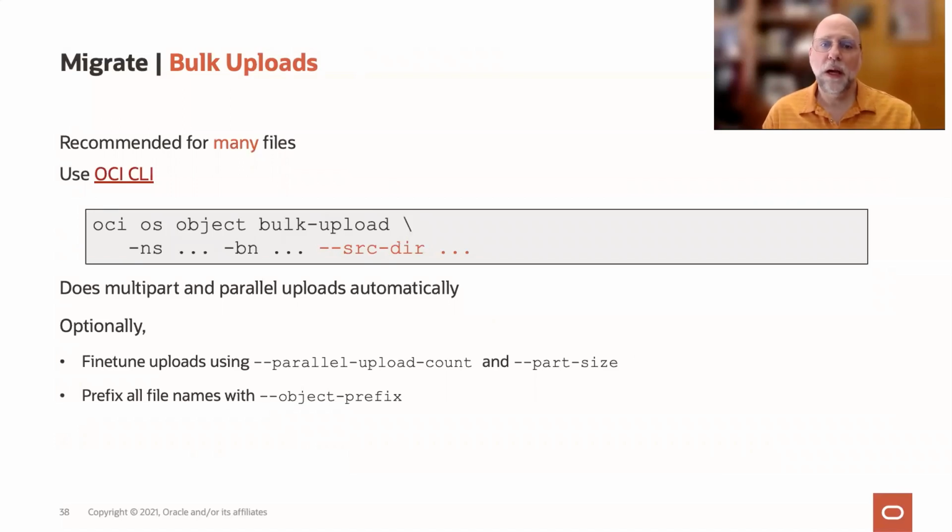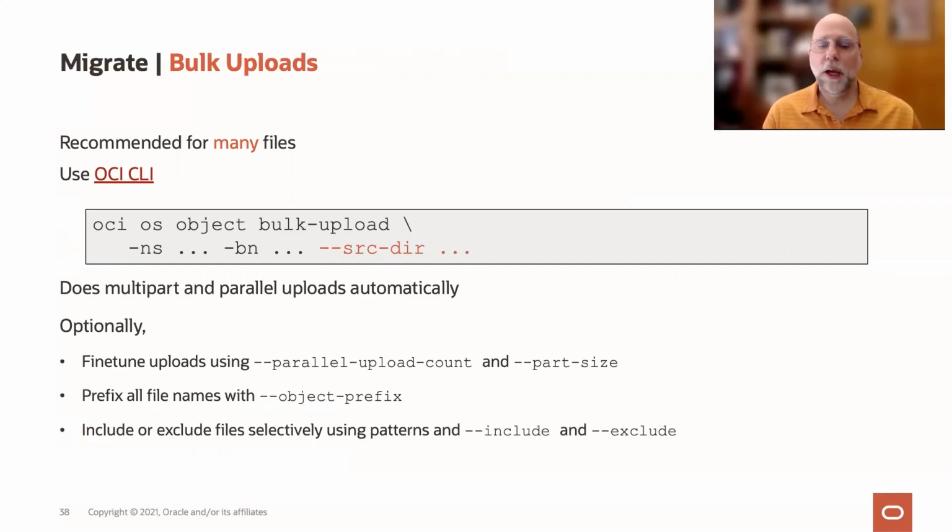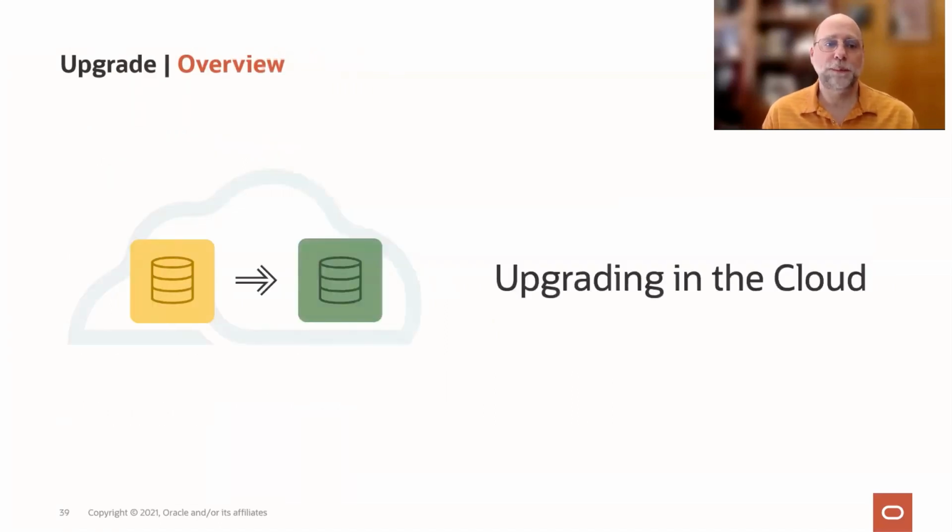So having the files prefixed with something identifiable to you will make it that much easier later. And then you can include or exclude files selectively. So let's say you do your bulk upload and then you find that you have one or two files that need to be re-uploaded. You can do that pretty easily as well.